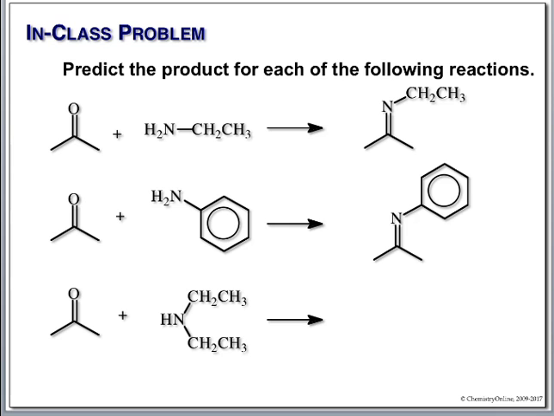Here we have a secondary amine. Now with a secondary amine, you can't make a neutral species, can you? So this guy is going to add to make the ammonium cation.